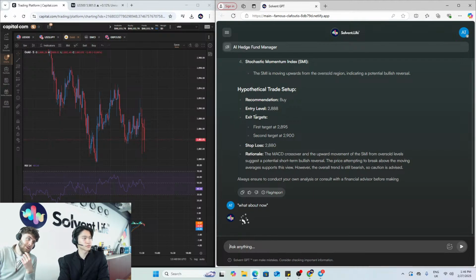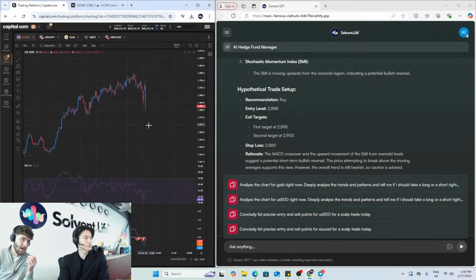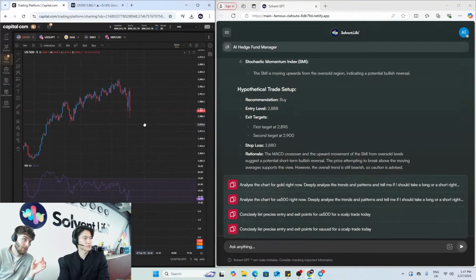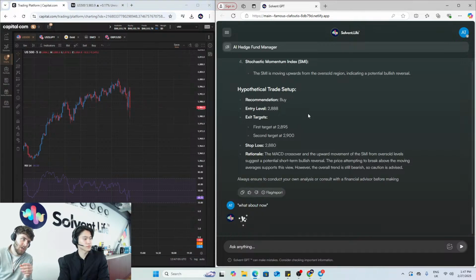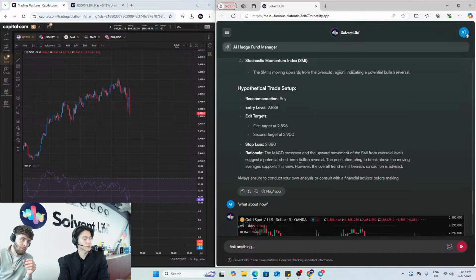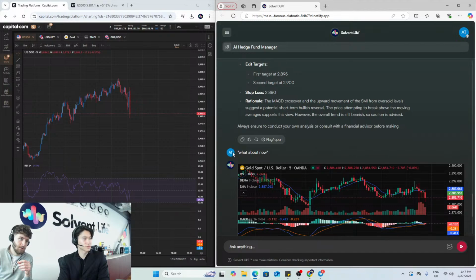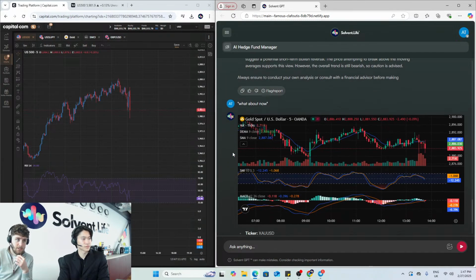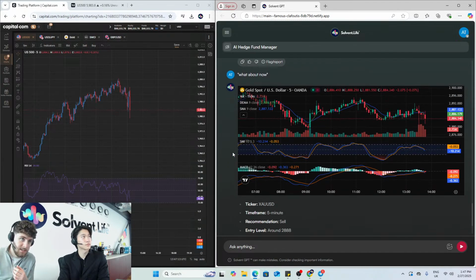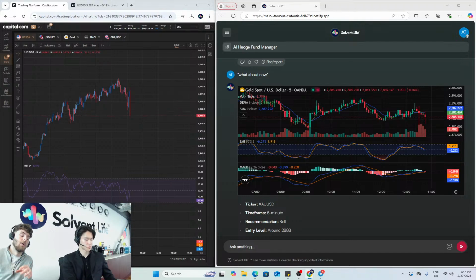All in all, one of the features added to this experimental version is the ability to not need screenshots. It will automatically find the chart for you and run off the chart it has access to. As I just explained, we can see that it's pulled up the chart without the need of us taking a screenshot. However, the ability to attach a screenshot is still there.